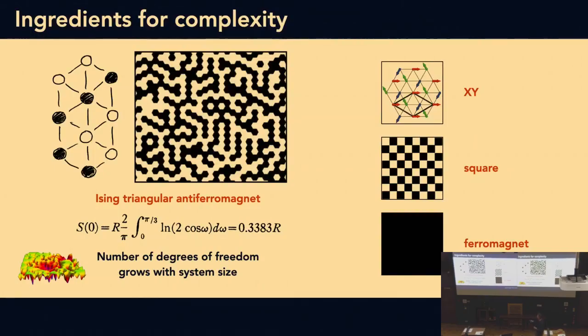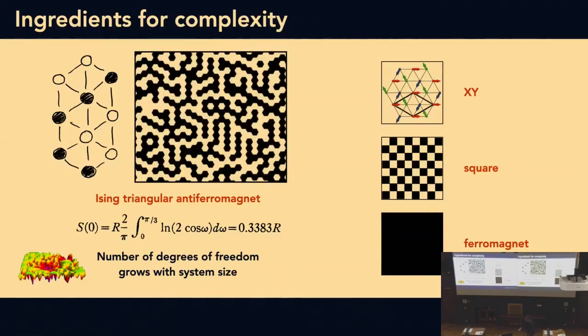And here's the answer. It's not at all obvious, but the key bit is that the number of different possible states with the same energy grows with the system size. Now, that's something that's conceptually very different to what we were talking about in terms of configurational degeneracy of flexible systems, because here there's 1 degree of freedom, and it doesn't matter how big or small I make this object, it will always have 1 degree of freedom.